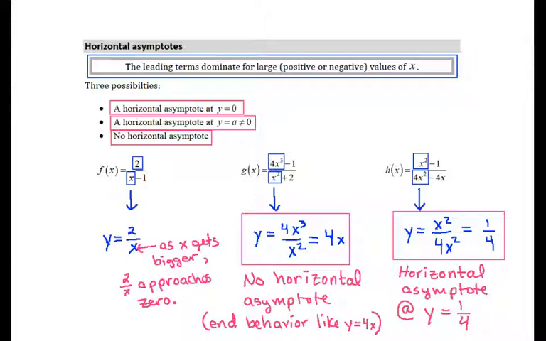And so this one, because it still has an x in the denominator after we've reduced, has a horizontal asymptote at y equals 0. I'm going to start abbreviating this HA just to make sure that it still fits easily.